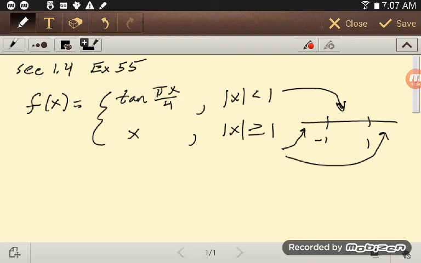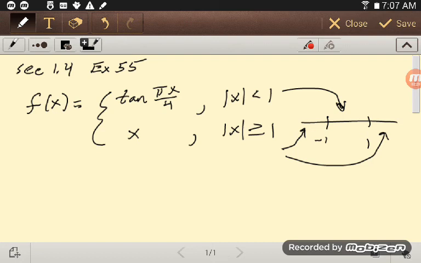When I take the tangent of pi over 2 or 3 pi over 2 or minus pi over 2 and so forth, I know that the tangent is discontinuous. Tangent of pi over 2 is undefined, so I'd get a pi over 2 up here when x is equal to 2.